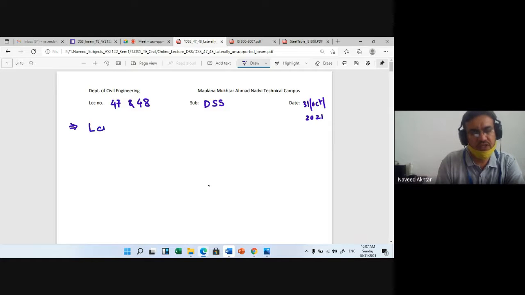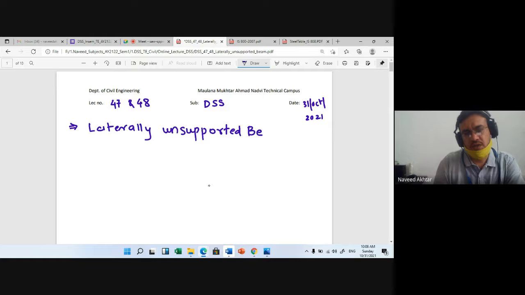So we have seen today the laterally unsupported beam. This is your lecture objective: to understand the lateral support, and the analysis and design of a laterally unsupported beam, how to find out the member force and load, and then how to design it, with a step-by-step procedure with IS code specification.